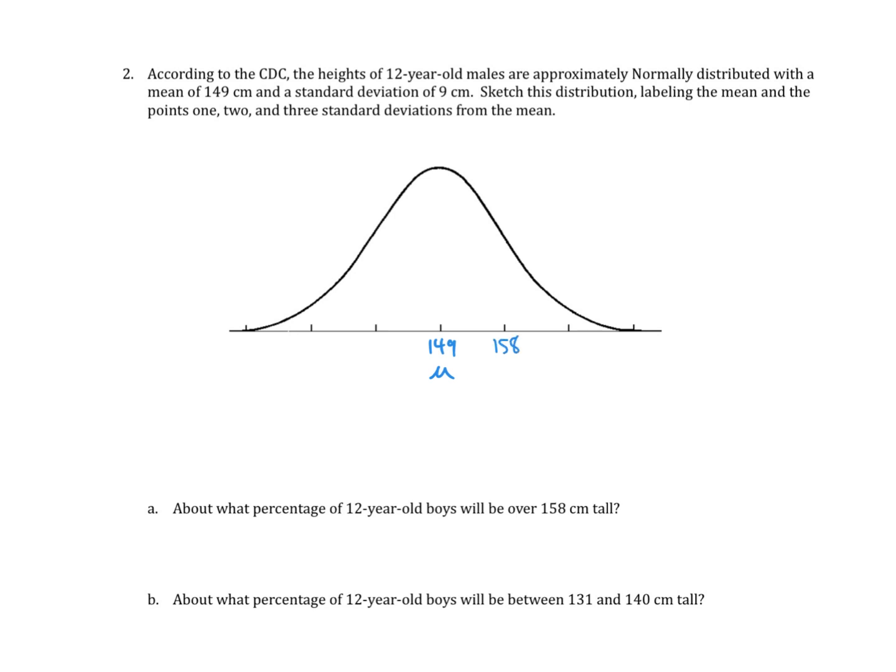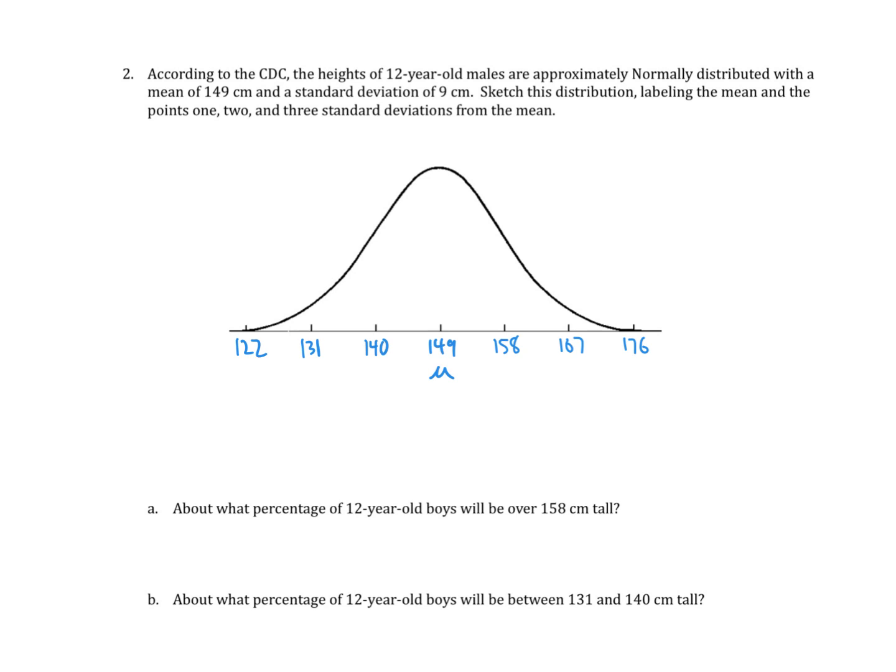I add 9 again to get 2 standard deviations above the mean, and that's 167. And then I add 9 one more time and get 176. I'm also going to subtract 9 from the mean, and 1 standard deviation below the mean would be 140. Subtract 9 again, 131, and subtract 9 one more time, and I get 122.